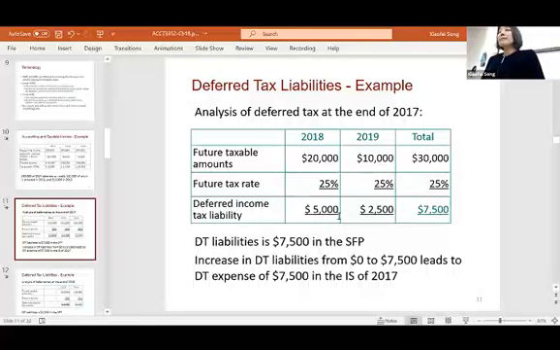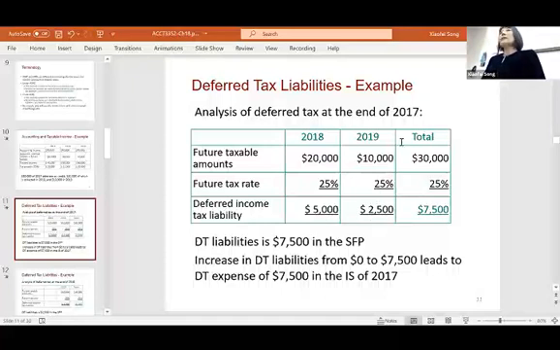Yes. And then the remaining 10,000 will be added in 2019. So when that is added, it will result in another 2,500 tax liability. So these are the future taxes to be paid.